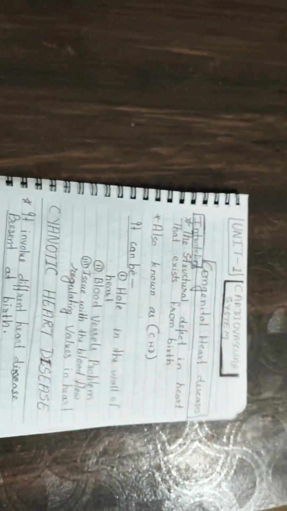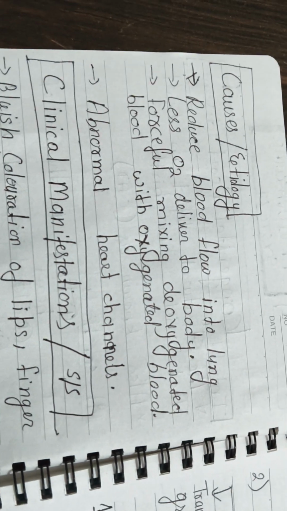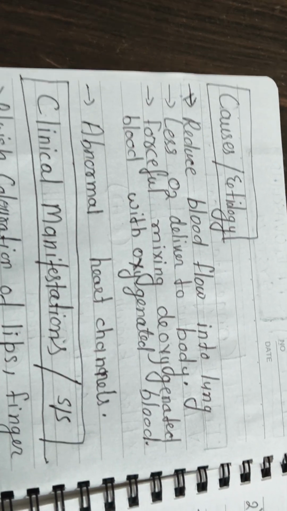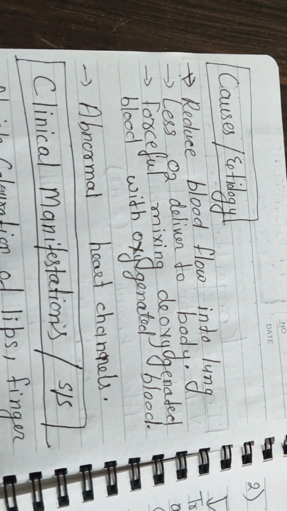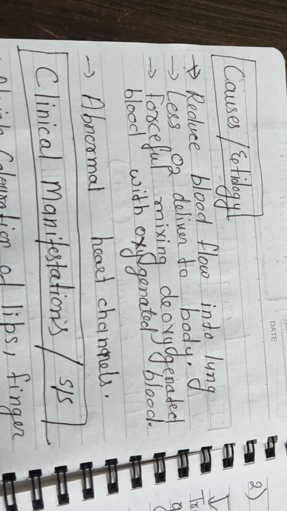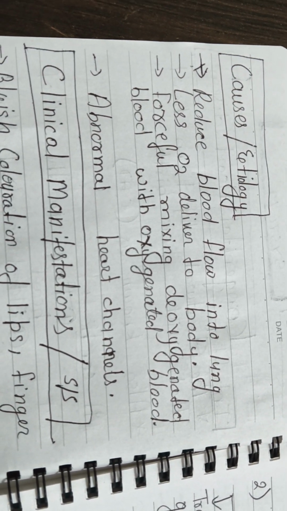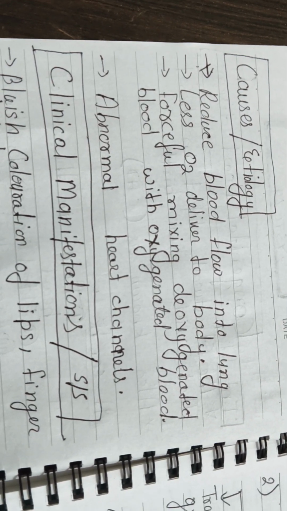Let's move to the next. The causes and etiology of cyanotic heart disease: reduced blood flow into the lungs and less oxygen delivered to the baby, and forceful mixing of deoxygenated blood with oxygenated blood.